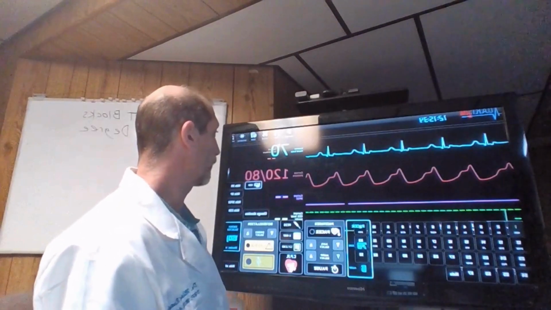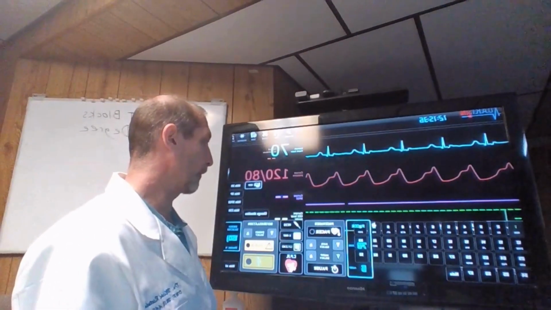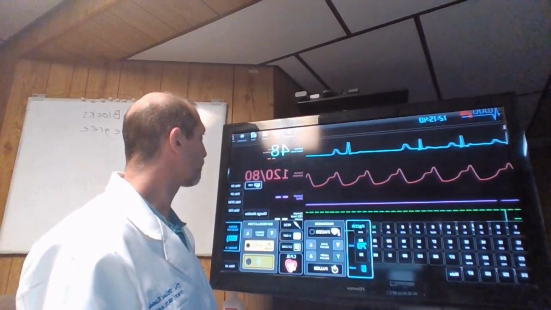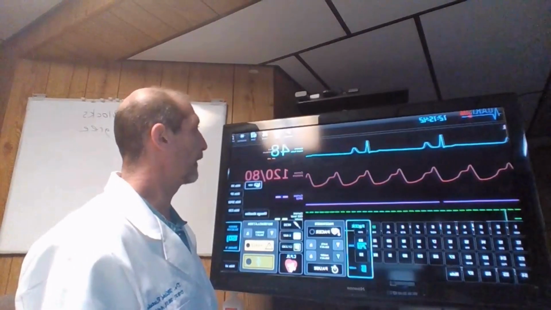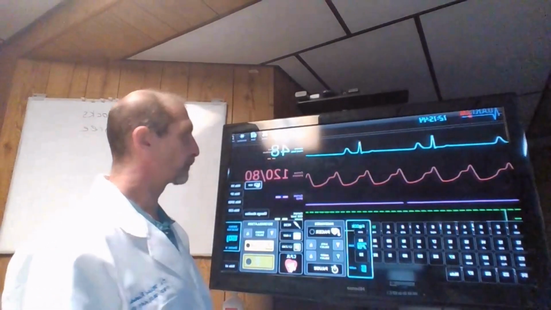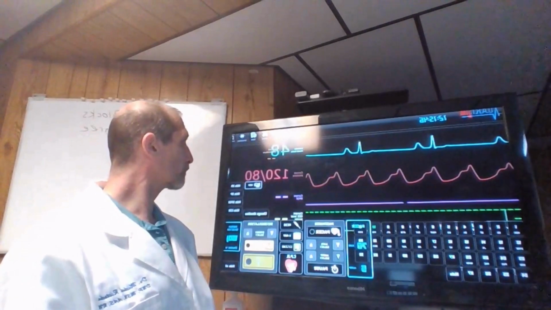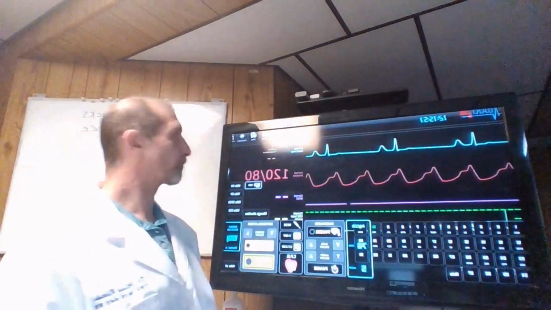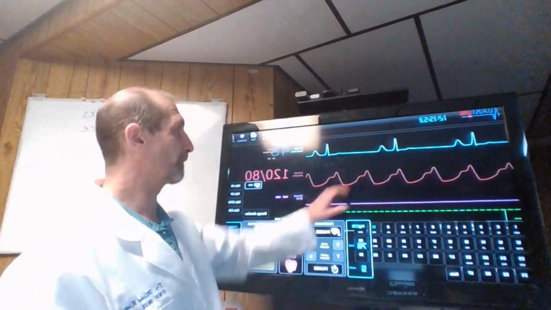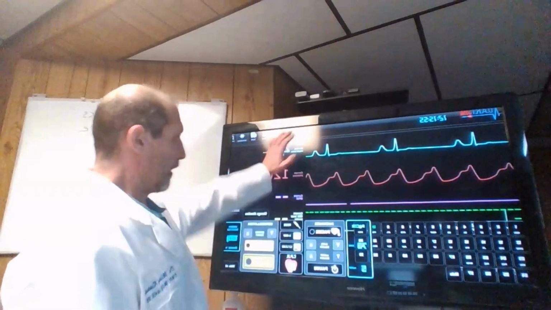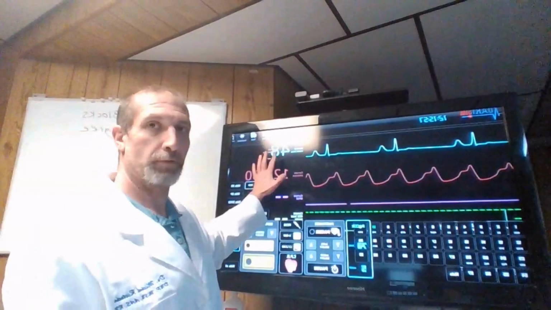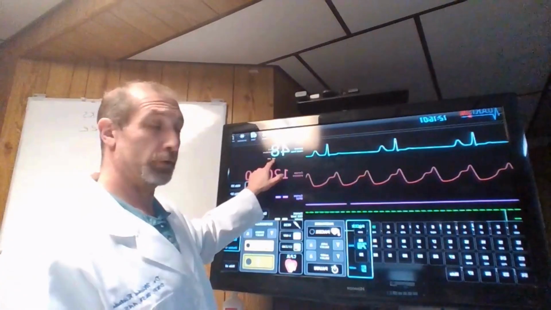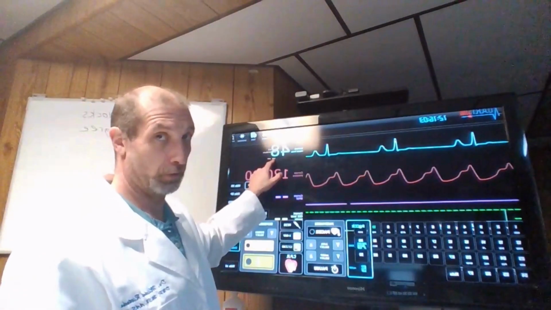All right. So now that we know what a normal sinus rhythm looks like, let's take a look at this one. For the time being, we're going to pretend that the monitor is correct because it's always correct, right?